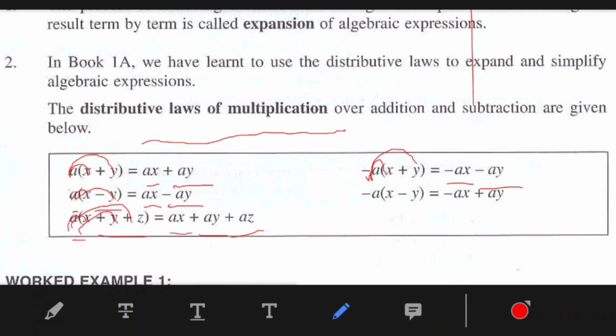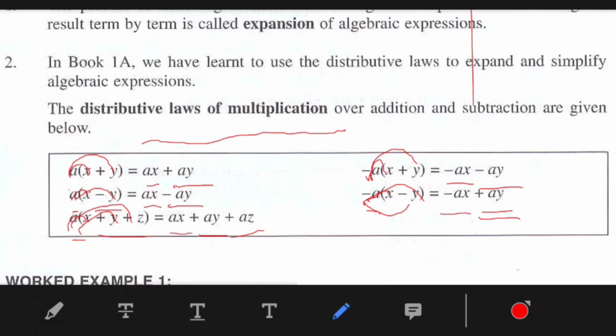Last one. Negative a outside the bracket. Now expanding, negative a multiplied by positive x gives negative ax. And then negative a multiplied by negative y gives positive ay. Negative times negative gives positive ay.